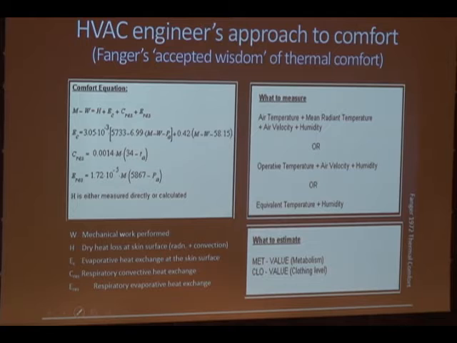So putting those three equations together came up with what we now refer to as the comfort equation, which can be solved very simply by means of readily available software tools by inputting 6 basic comfort parameters. 4 environmental parameters, including air temperature, mean radiant temperature, air speed, and humidity, and then 2 personal parameters, metabolic rate and clothing insulation values.